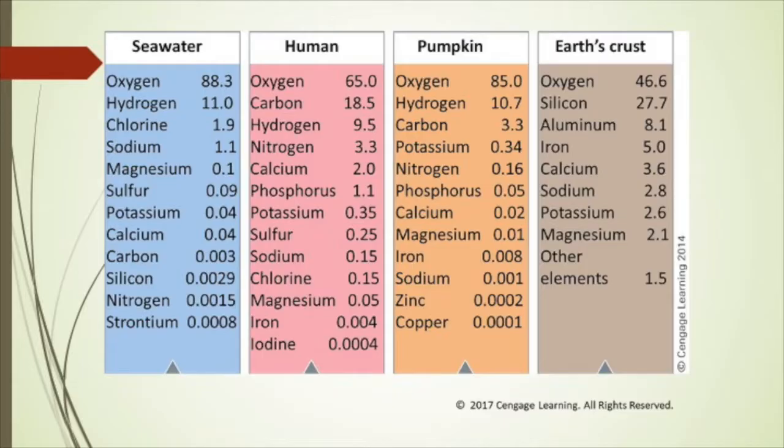But we have the simple ones that are known for life. We have oxygen, hydrogen, carbon. We also have potassium, nitrogen, phosphorus, calcium, magnesium, iron, sodium, zinc, copper.